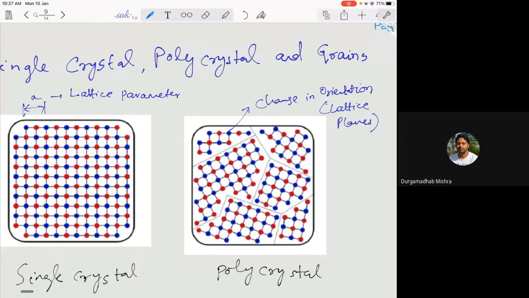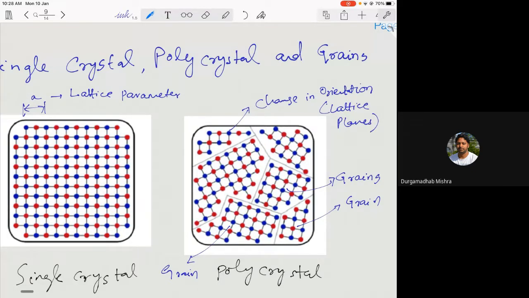These planes have different orientations when you go into different regions, and these different regions are known as grains. So this is one grain, this is another grain with a different orientation, and this is another grain with a different orientation, where orientation here means the lattice planes are different.